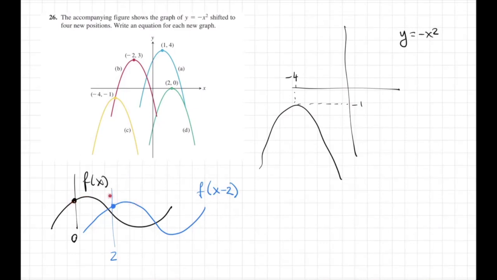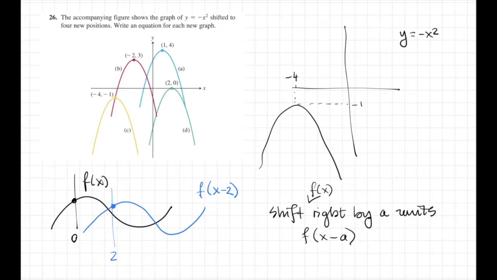You do the same thing for each point. So if you want to shift a function to the right by a units, you check f(x minus a). And if you want to shift to the left by a units, you add a.